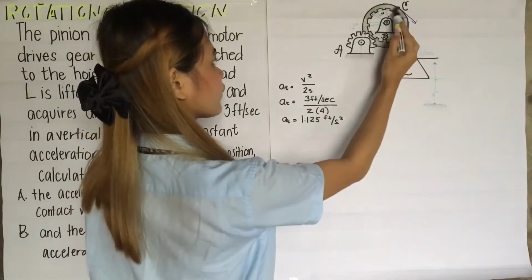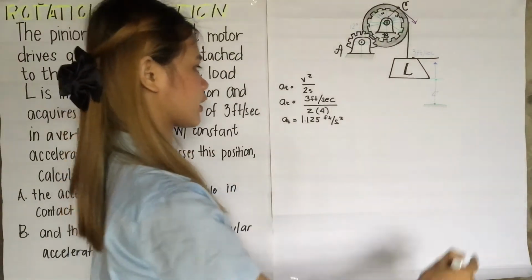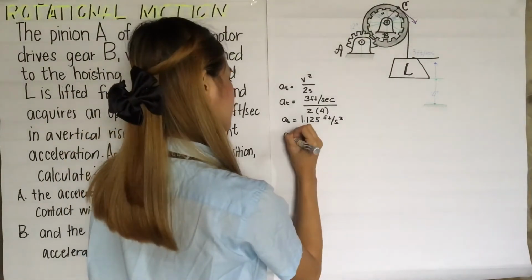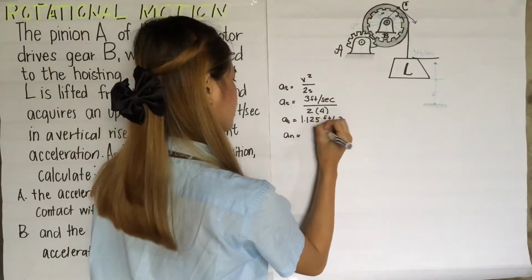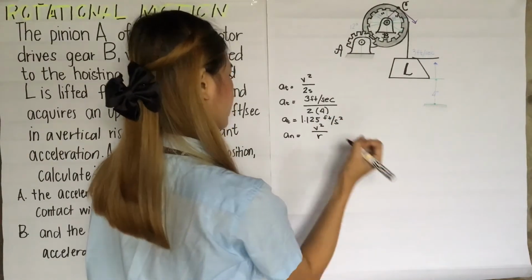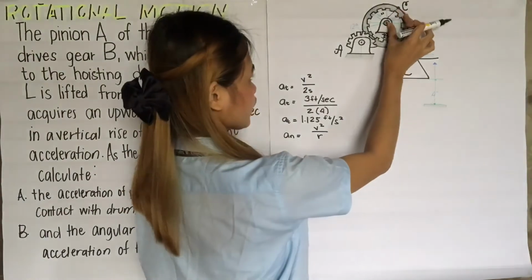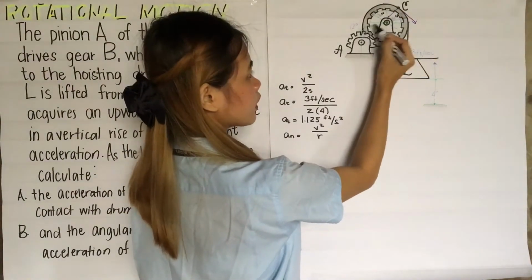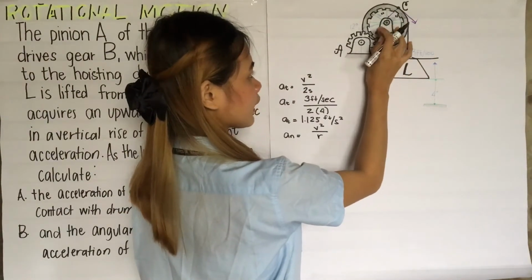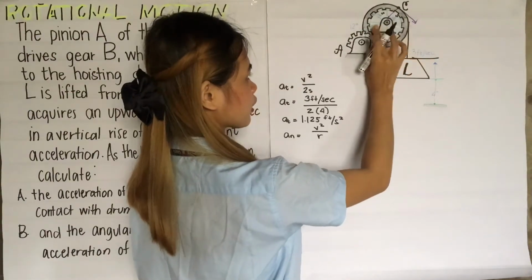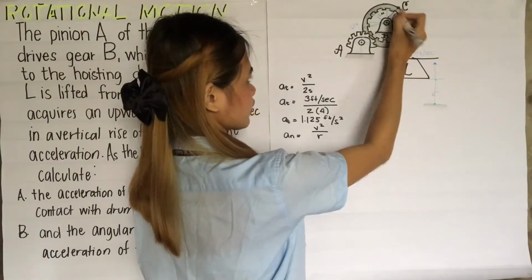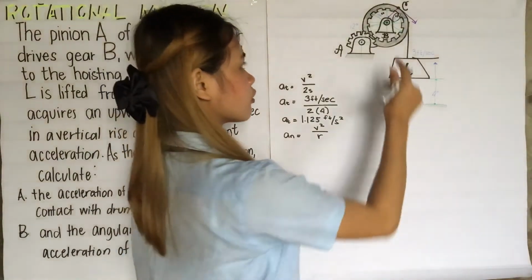But we are not done yet. We still need to get our normal acceleration. The normal acceleration is V squared over R, where R is the radius. The hoist drum has a diameter of 48 inches, so we need to convert it into feet.